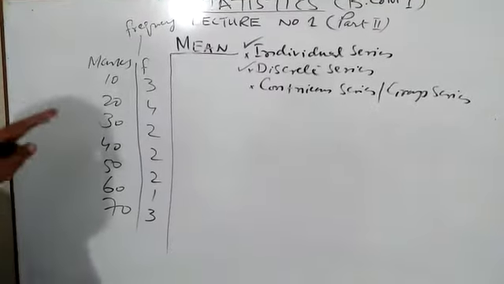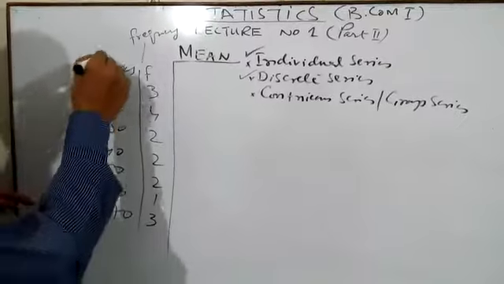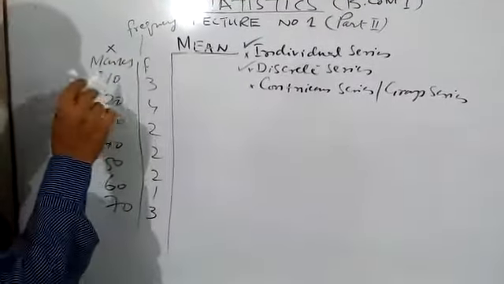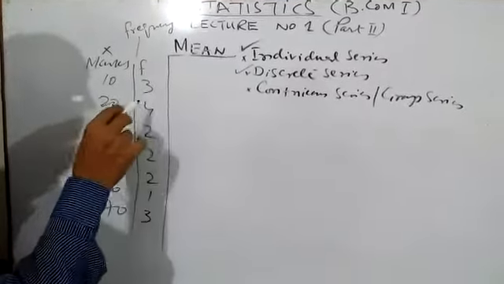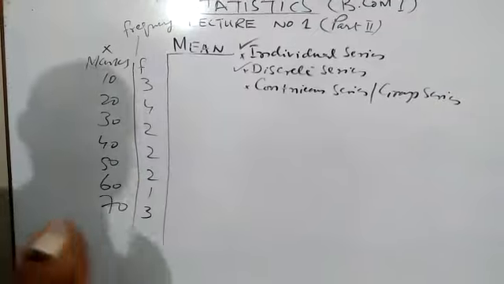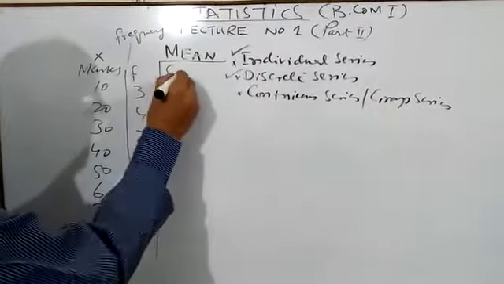Now look at this question. We have already been given two columns. Number one is X, the marks column, and the other one is the frequency. 10 marks were taken by 3 students, 20 marks by 4 students, and 30 marks by 2 students, and so on. After that, the first step will be Fx.